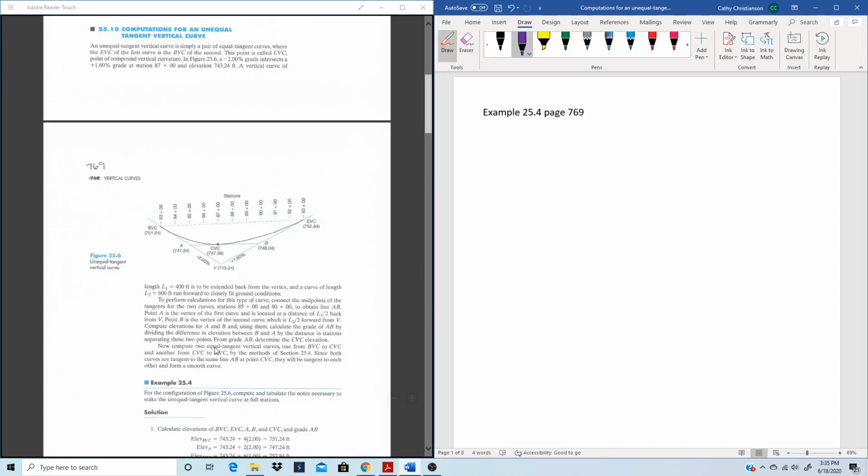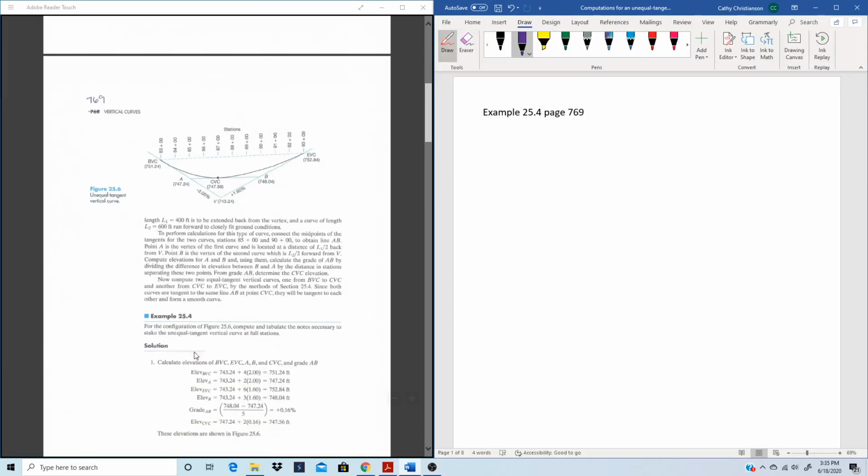So we actually need to figure out what the grades are to be able to calculate those. So I think everybody's pretty good with station numbers. So if the V is at 87, and we're going to go back 4 stations, 400 feet, that would put me at 83 for the beginning vertical curve, and 85 for my point A, halfway.